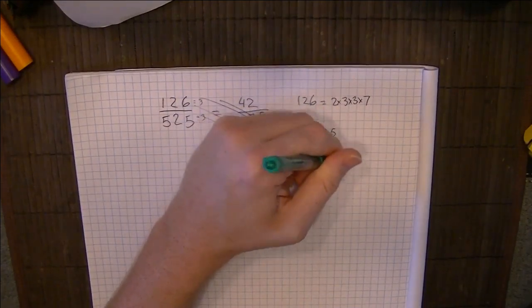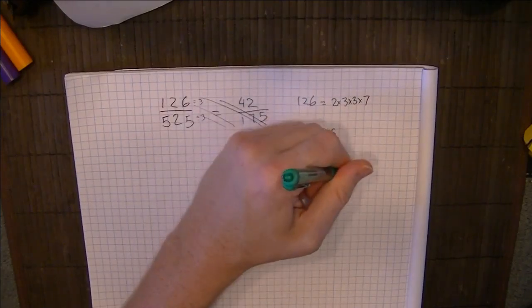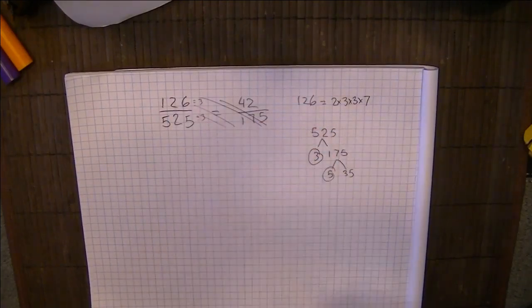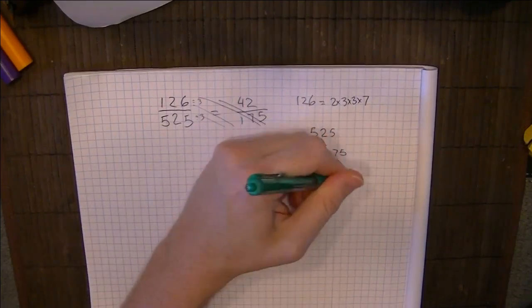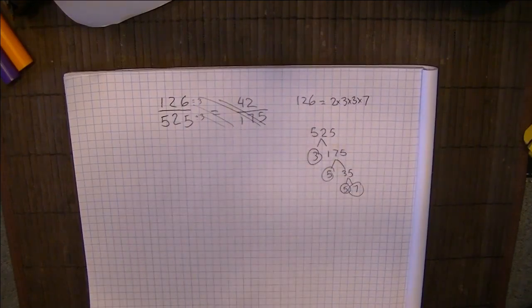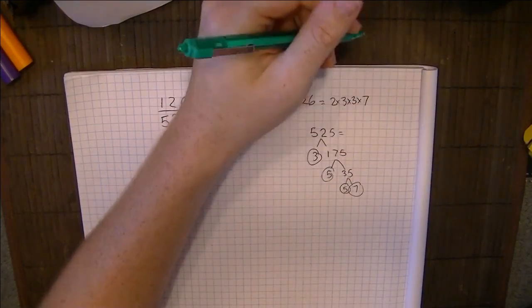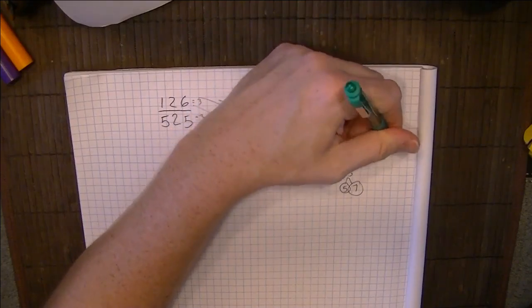Okay, and 175, well, I know that that's 5 times 35. Why? Because I already did that number, but yeah, so it's 5 times 35, and 35 is 5 times 7, which are both prime numbers. So 525 is equal to 3 times 5 times 5 times 7.